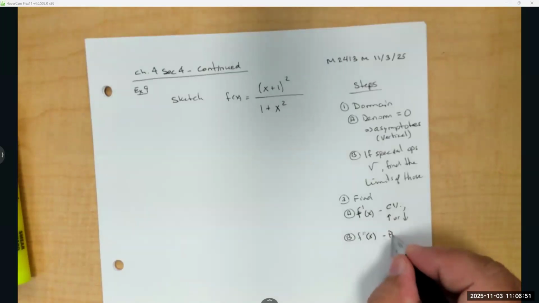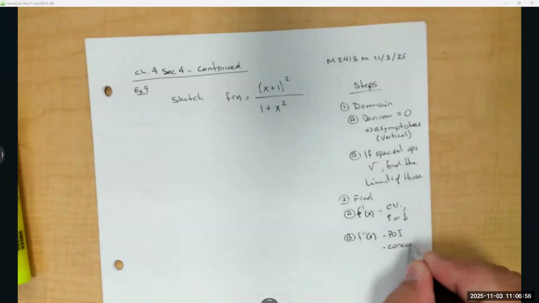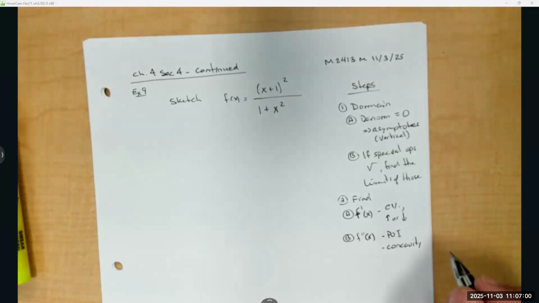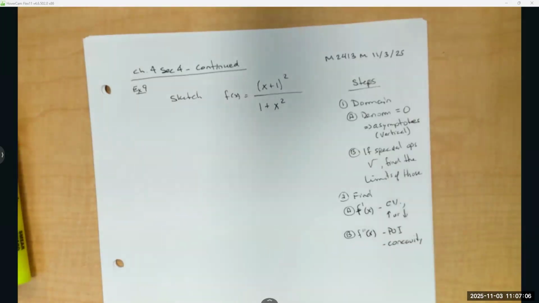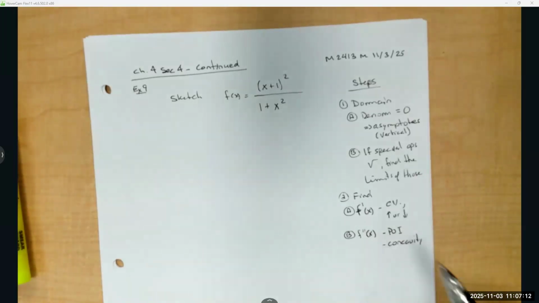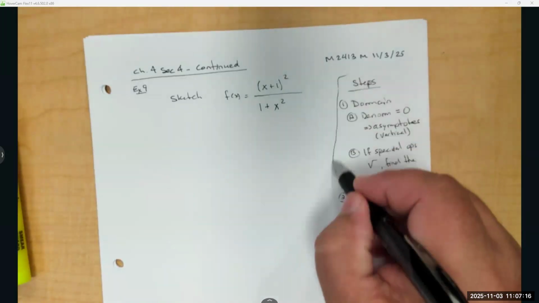That's going to find us the points of inflection and concavity. So critical values, critical points, and everything like that. Once we have these, we have the basic shape of it, because these are the important aspects of it.